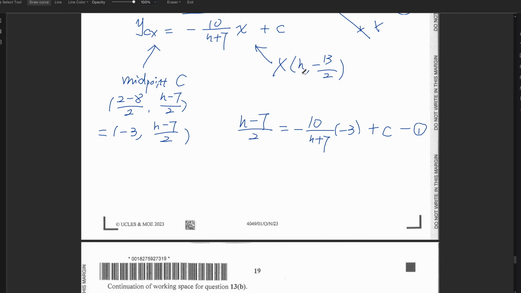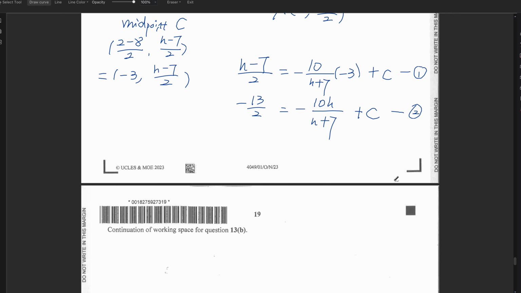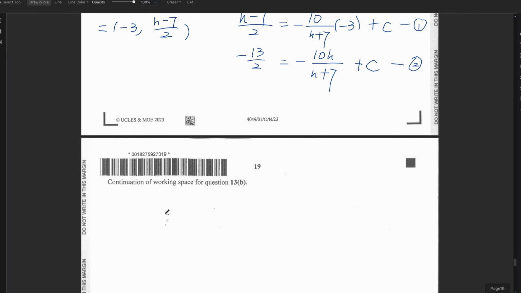And when my x is h, my y is -13 over 2. So -13 over 2 equals -10h over (h plus 7) plus c. Equation 2. All right, we have the two equations. Let's continue on.